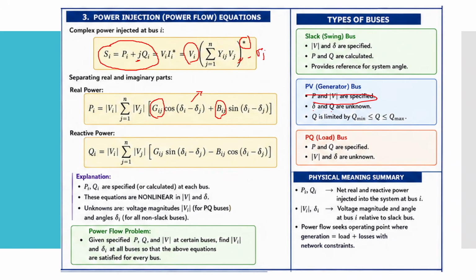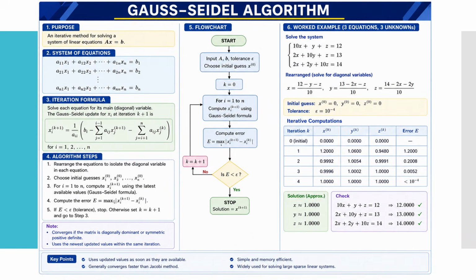So the purpose of performing a power flow analysis is to determine the parameters we tried to specify in this lecture. We have different algorithms; among them, Gauss-Seidel is the simplest algorithm to perform a power flow analysis.